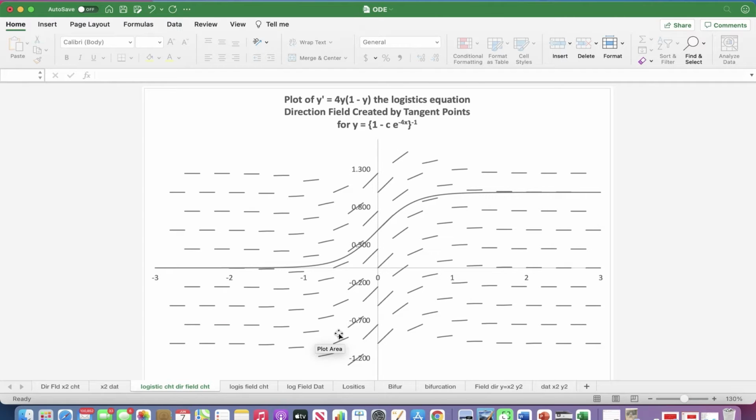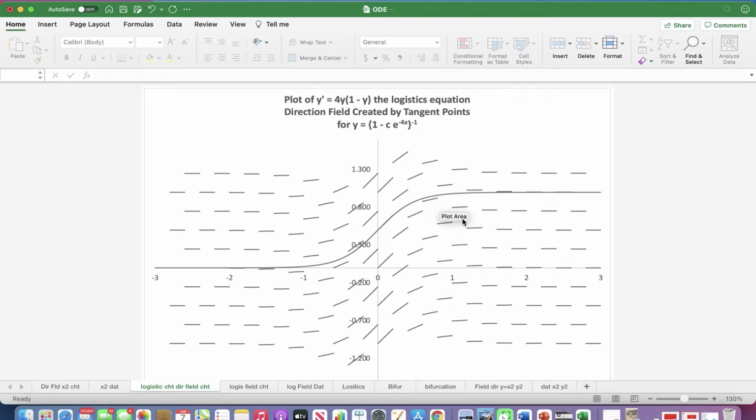And you can see here how the slopes change in the vicinity between x equals minus 1 and x equals 1. And the maximum slope is at x equals 0, where the slope is 1. So it just shows you how the tangent functions, or the derivatives of the explicit function, yield this tangent field.